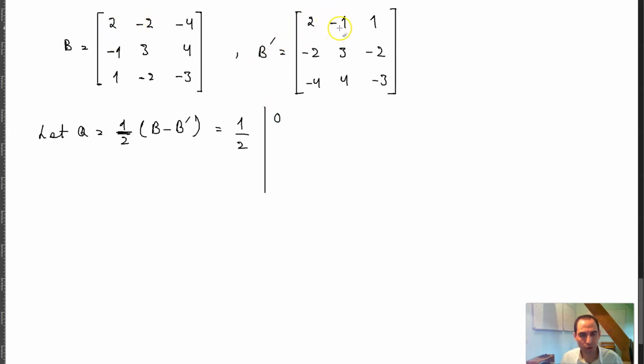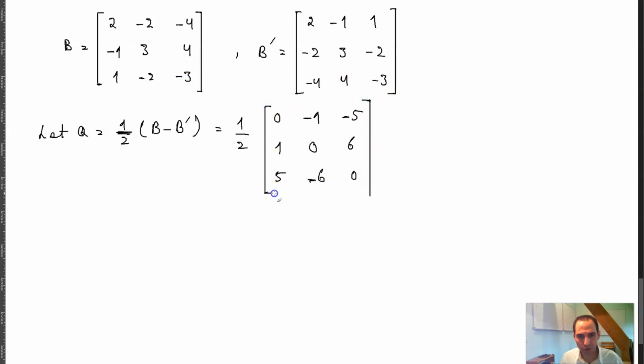-2 plus 1 is equal to -1, -4 minus 1 is equal to -5, -1 plus 2 is equal to 1, 3 minus 3 is equal to 0, 4 plus 2 is equal to 6, 1 plus 4 is equal to 5, -2 minus 4 is equal to -6, and -3 plus 3 is equal to 0.